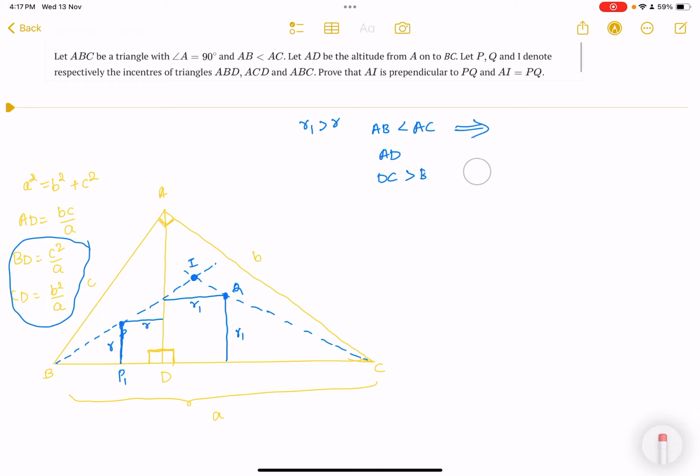So one side is common for both the triangles and the other two sides of triangle ADC are bigger. Hence, the inradius will also be bigger for triangle ADC. That is why the position of Q is a little above the position of P.